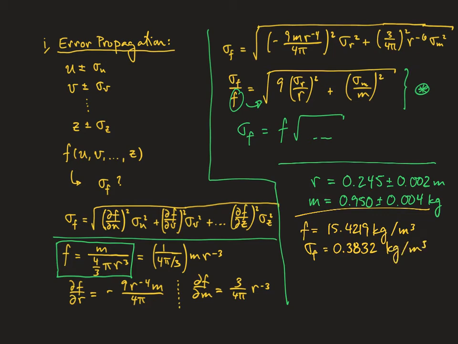Okay, so how do we quote our final result? Here's what I'd like you to do. You're going to truncate the uncertainty first to 1 or 2 significant figures.